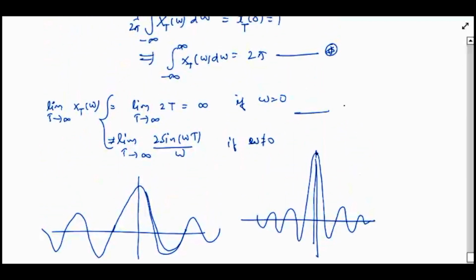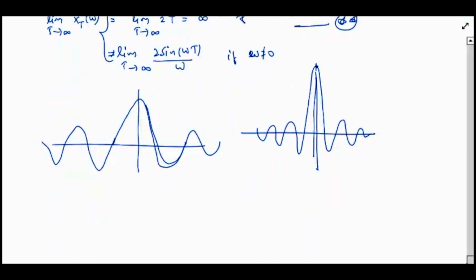We can imagine that this picture, along with these two properties, namely star and double star, will imply that as we increase T to infinity, this X_T(omega) converges to the Dirac delta function.